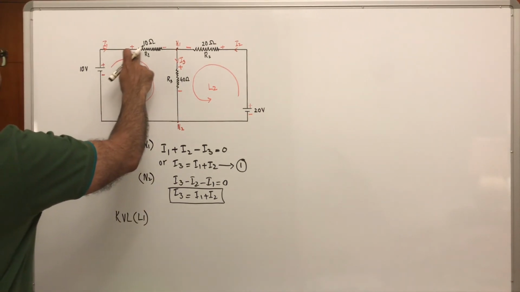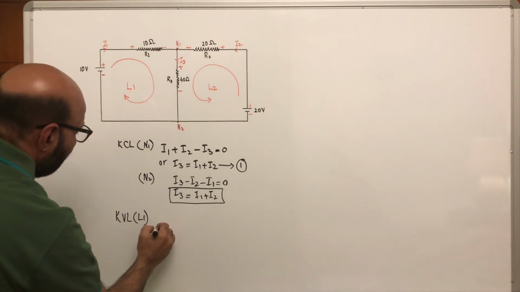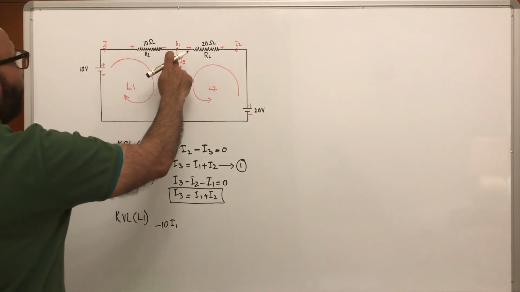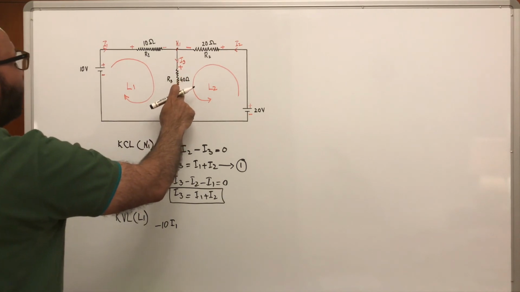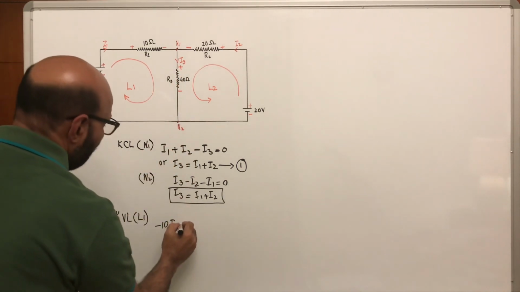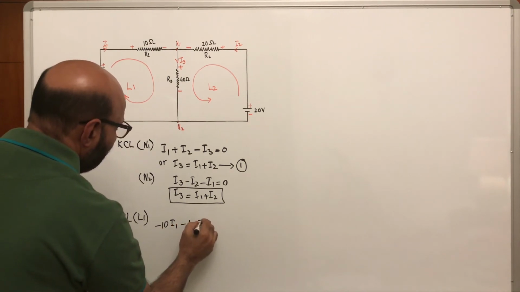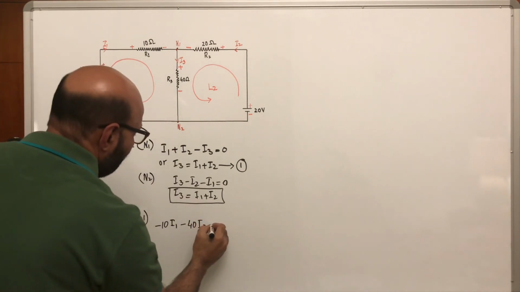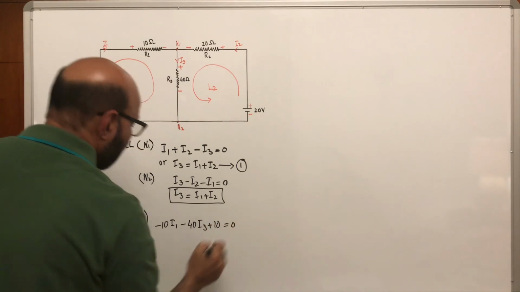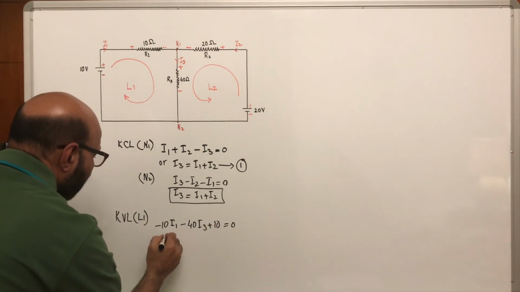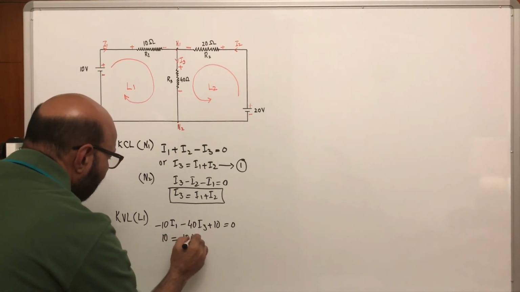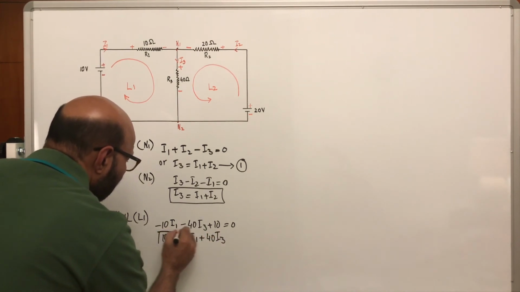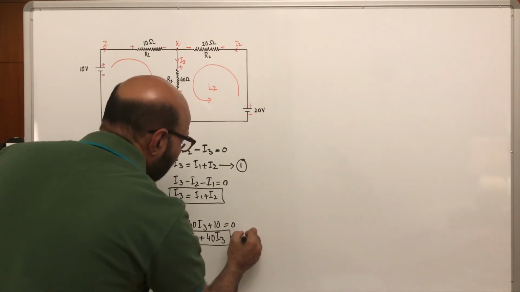This current is moving from positive to negative, so therefore minus 10I1, and now this is again moving towards minus, so therefore minus 40I3, and now moving from negative to positive, so this must be positive 10 is equal to 0, or we can also write this as 10 equals 10I1 plus 40I3. Let's consider this as our equation 2.